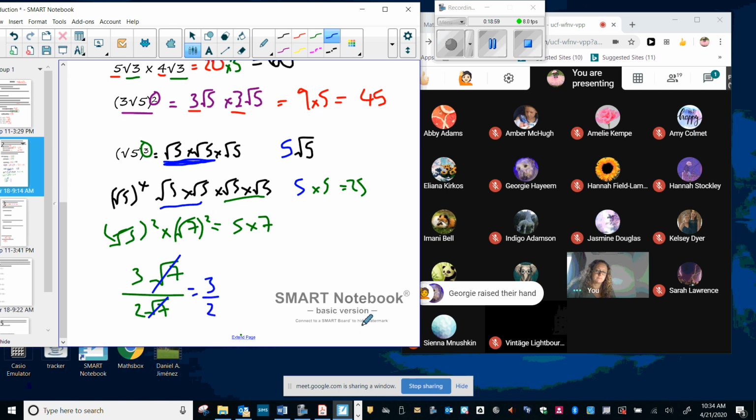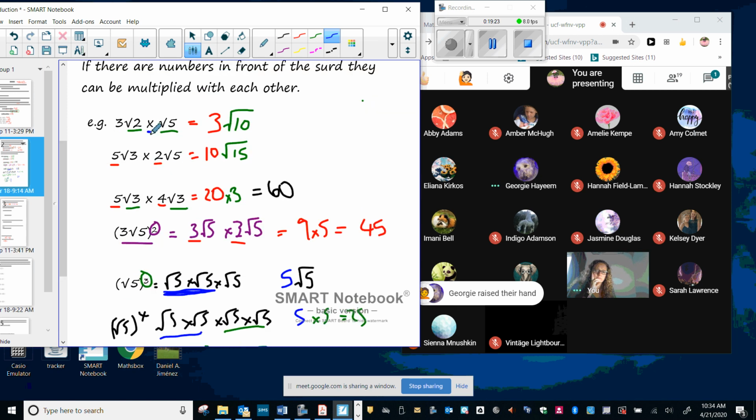Georgie? I have a question about adding them. So if it's like 2 root 5 plus 4 root 5, would it be 6, but then times plus 5? No, just 6 root 5. But doesn't the root 5 cancel out? No, that's only when we're multiplying. Oh, okay.